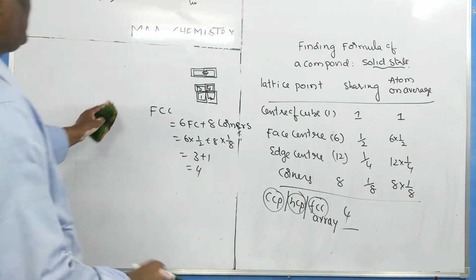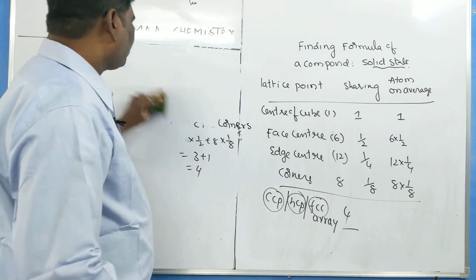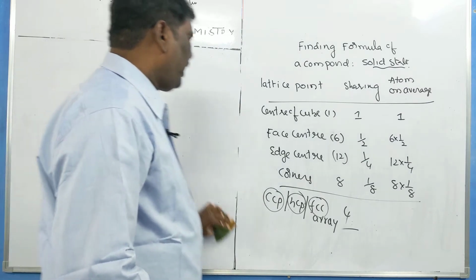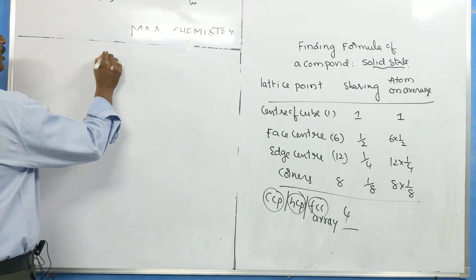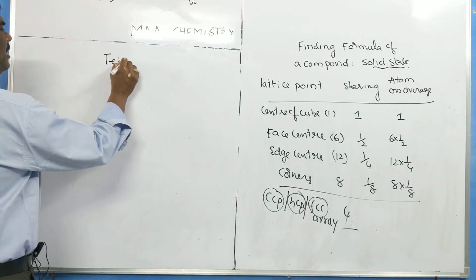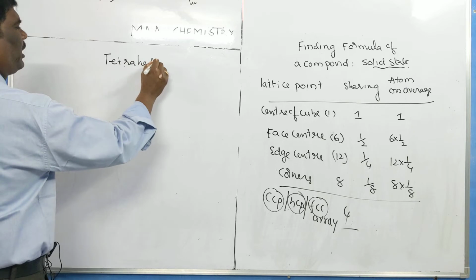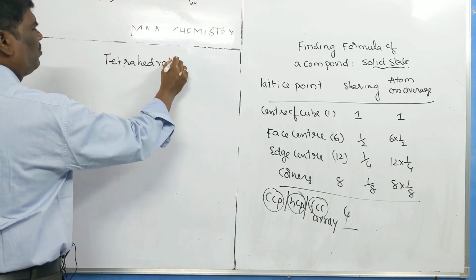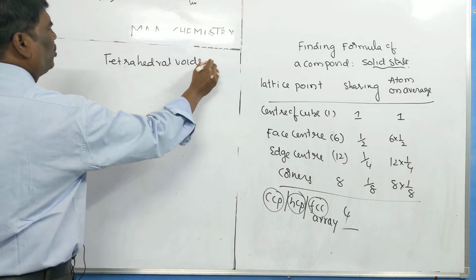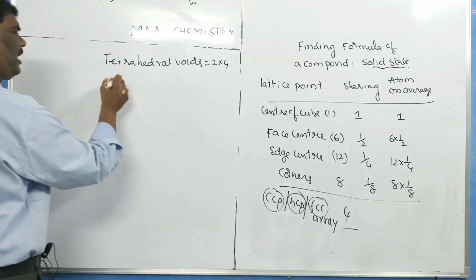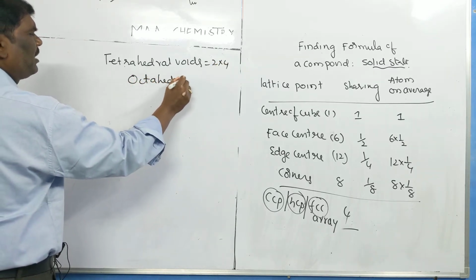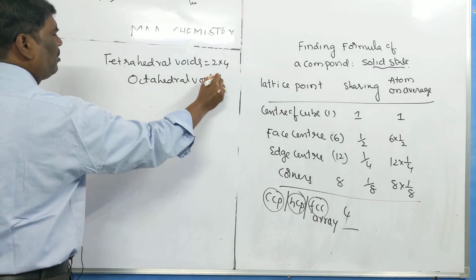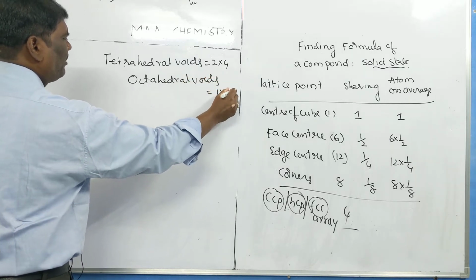Now the next one is tetrahedral void. If the FCC arrangement is taken as 4, tetrahedral voids are equal to 2 times the atoms, and octahedral voids are equal to 1 time the atoms.